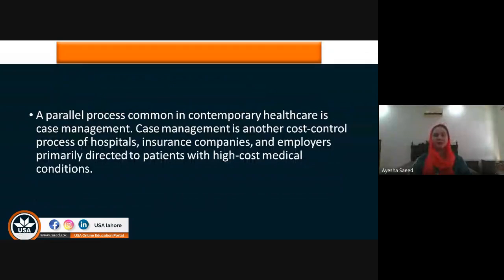A parallel process common in contemporary healthcare is case management. This is also a technique to control costs by hospitals, insurance companies, and employers, primarily directed to patients with high cost medical conditions, and people who need constant care and treatment. This is directed towards them so that costs can be controlled.